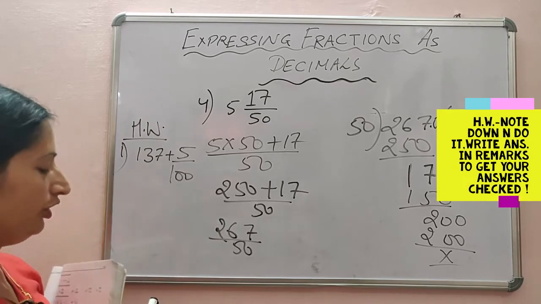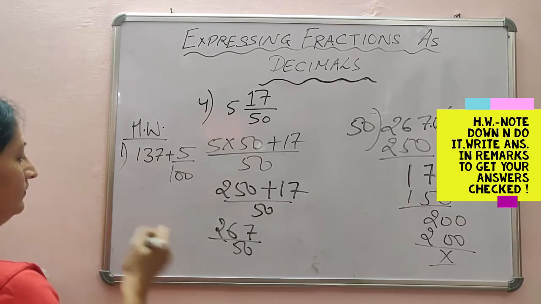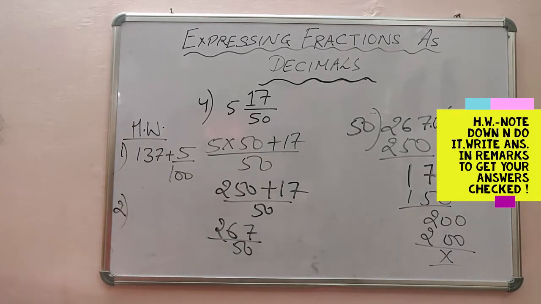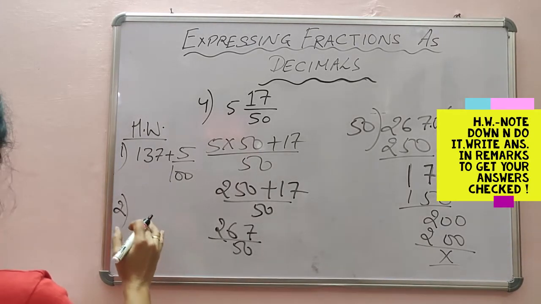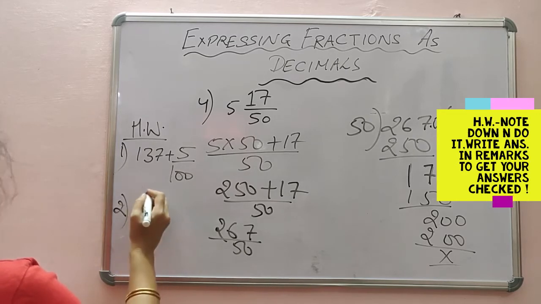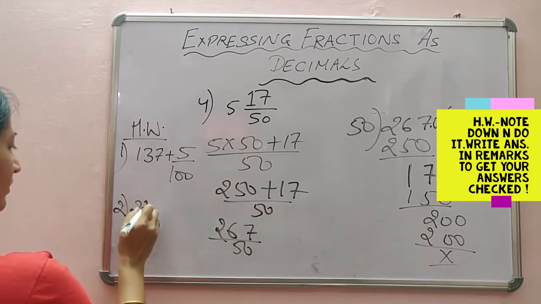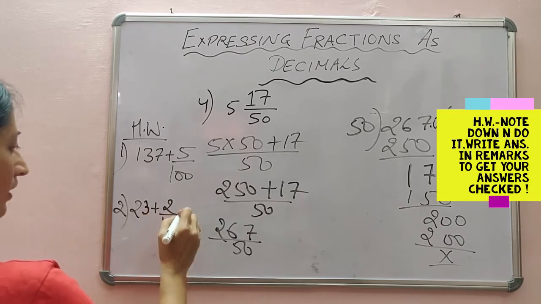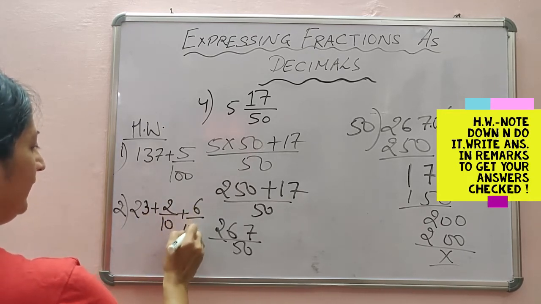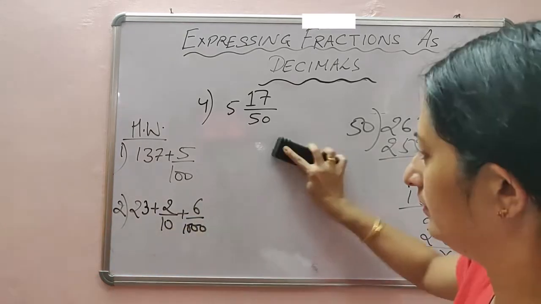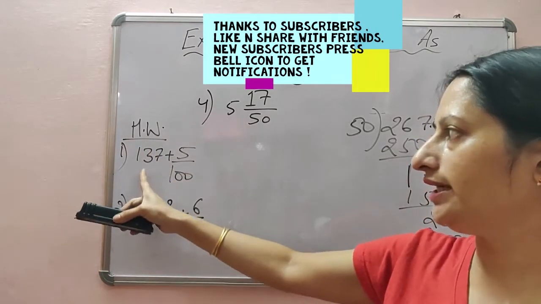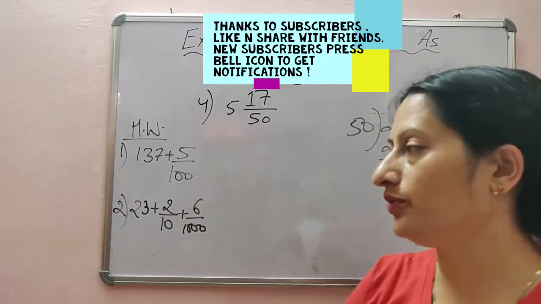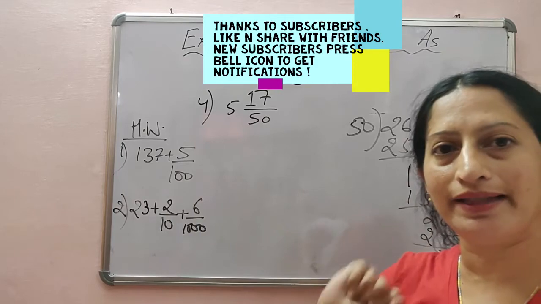And the second question of homework will be 23 plus 2 by 10 plus 6 by 1000. So the first homework question is 137 plus 5 by 100, and the second homework question is 23 plus 2 by 10 plus 6 by 1000.